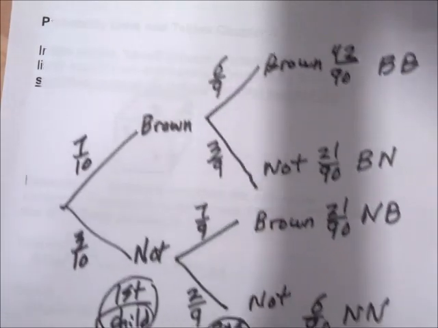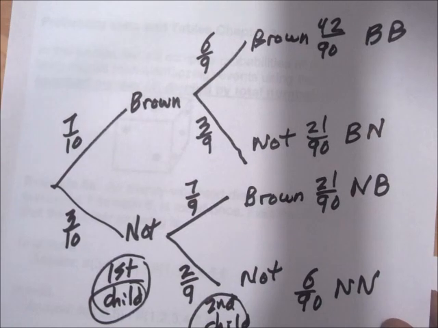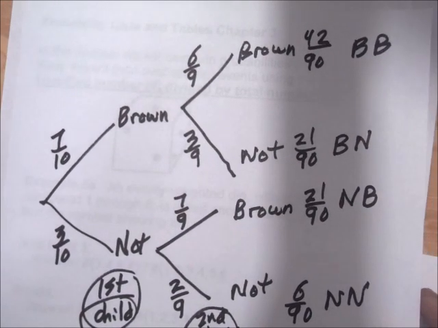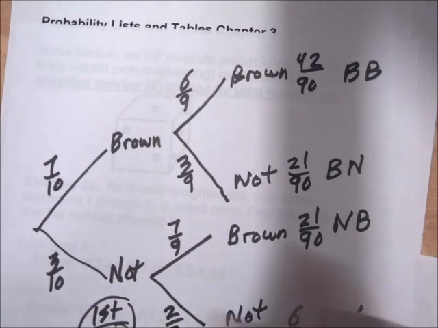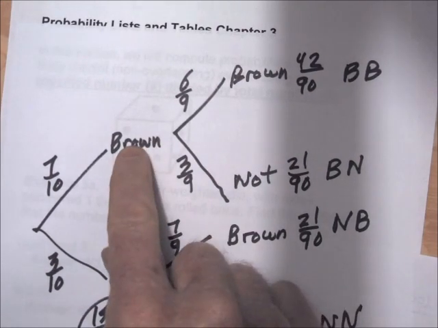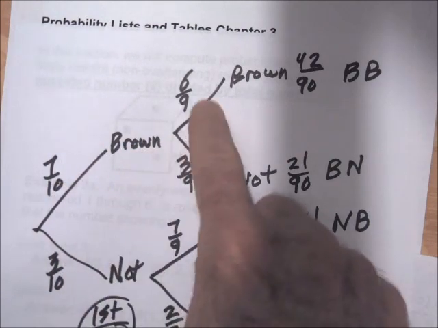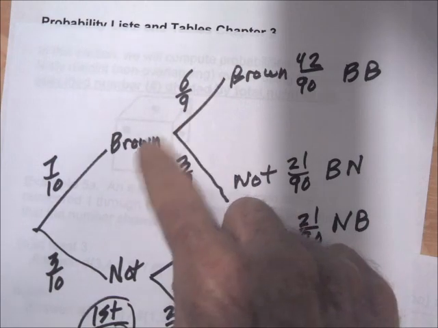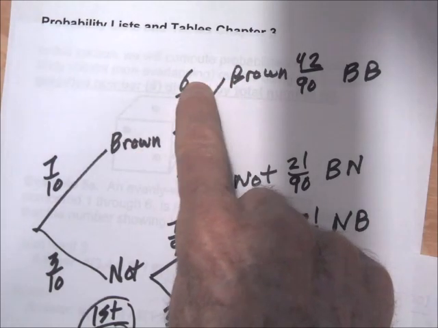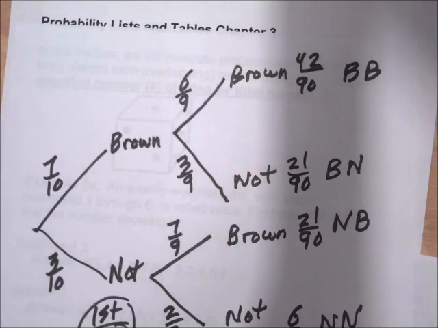So, for example, if we randomly pick two children from a Lego club, and 7 out of 10 have brown eyes, the probability of the first child having brown eyes will be 7 out of 10. But after we pick the first child, there's only 9 children left. If the first child has brown eyes, the probability of the second child having brown eyes is now 6 out of 9, which is different from 7 out of 10. So those were not independent events.